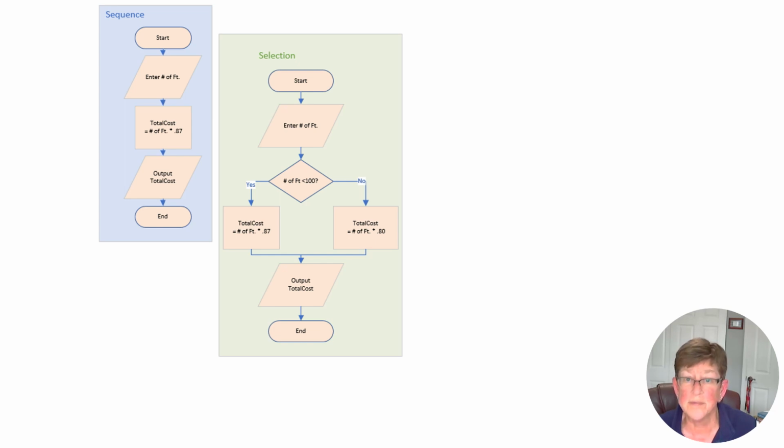If so, then the price is 87 cents per foot. If the length is more than 100 feet, then the customer gets a discount and the price is only 80 cents a foot. Remember, a decision element is Boolean, yes or no, or true or false. Once we know the cost, we calculate the total cost, output that, and end the process. Notice how the lines are labeled coming off the decision element?